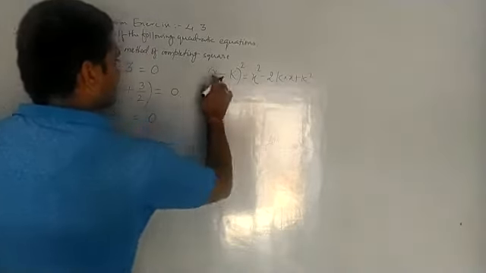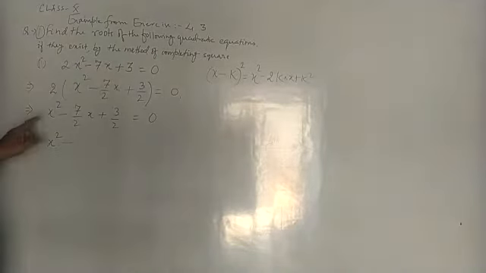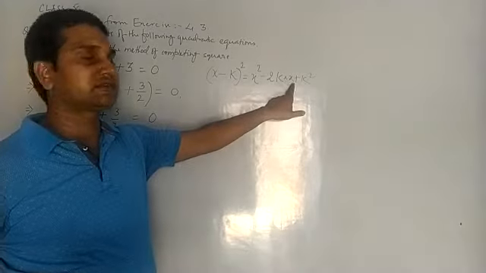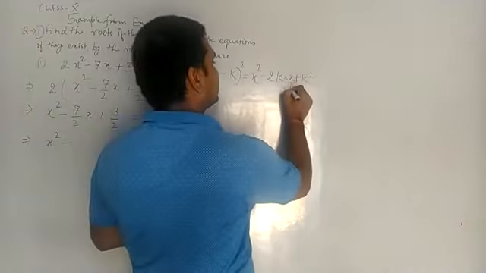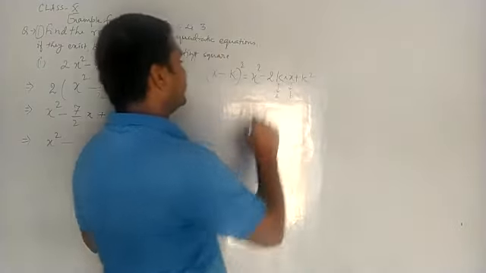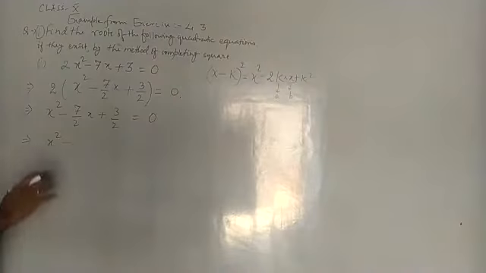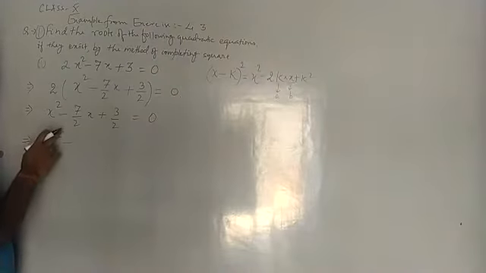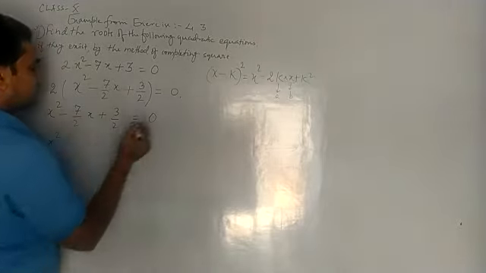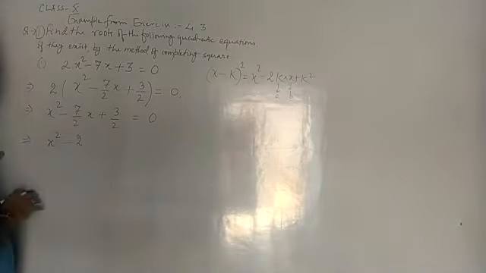Now we want to make it like this. Here x square is there, and minus 2ab type things should come. So in the place of b, x is there. So what should be in the place of a? We need to search here. For that, I am telling you to write x square minus 2, the 2 from the formula.